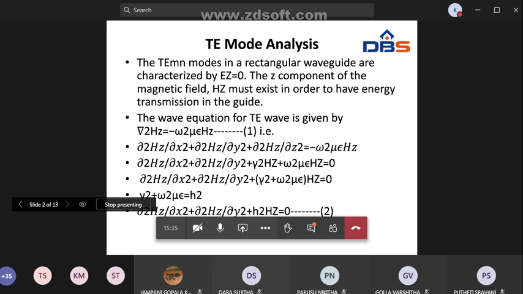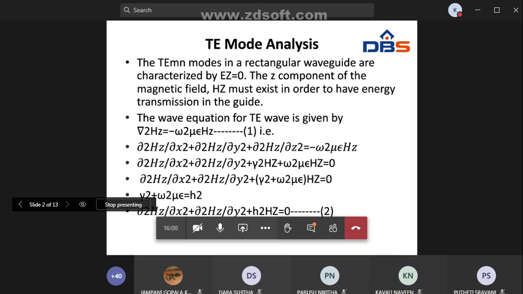And what are the dominant mode and degenerate modes? The mode having the highest cutoff wavelength is known as the dominant mode.